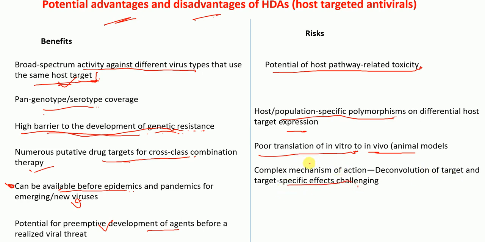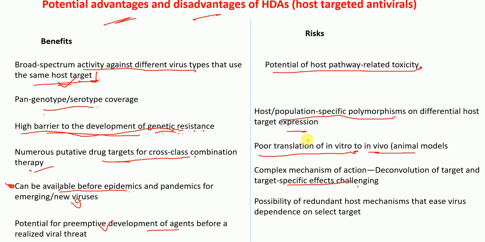Another risk is the complex mechanism of action, because deconvolution of target and target specific effects is challenging. In the host, the target molecule may play an important role in different pathways and may be important for different physiological processes. Therefore, it might involve a complex mechanism of action, so we also have to consider this point.